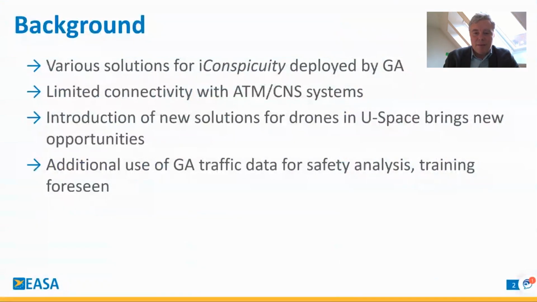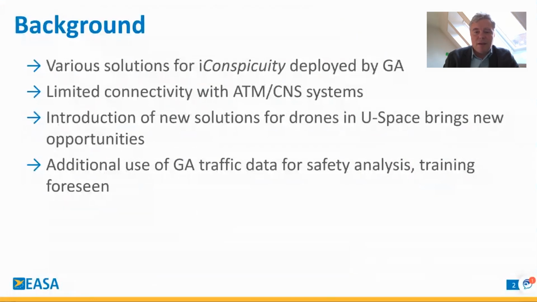First, we are fully aware that there are already several iConspicuity systems deployed by different general aviation communities. And obviously, we are looking at making the connection between these different deployments, and also looking at how we can improve the connectivity with other systems, considering, for instance, ATM surveillance systems, but also the forthcoming deployment of systems for U-space and drone operations.